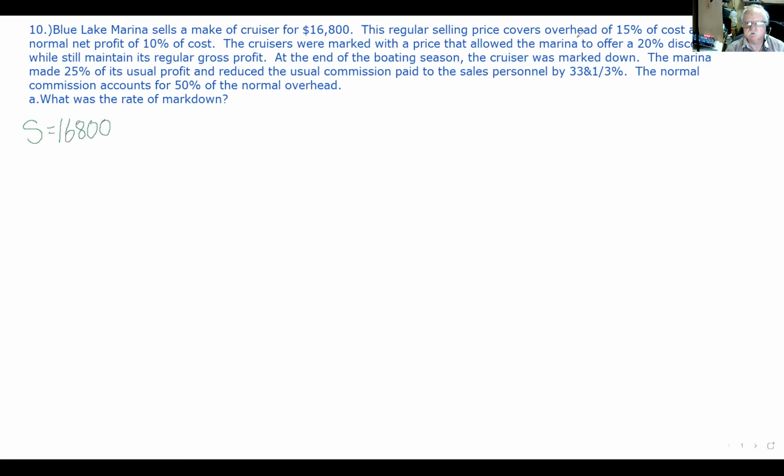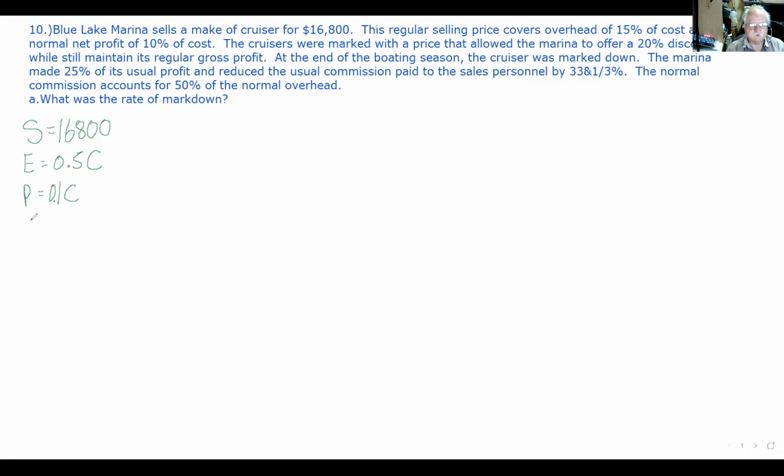The regular selling price covers overhead of 15% of cost. So overhead, which is expenses, equals 0.5 cost. And a normal net profit, so profit, equals 0.1 of cost.